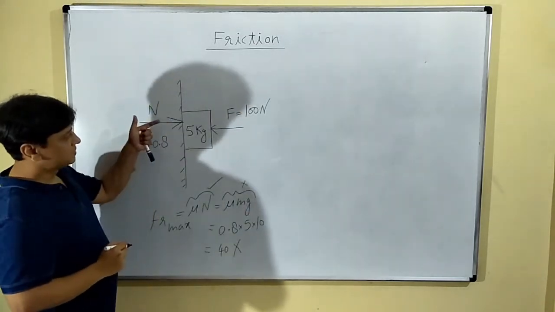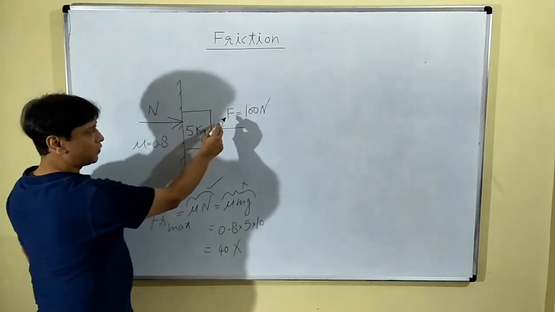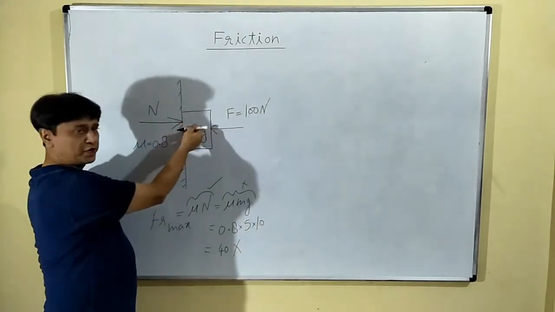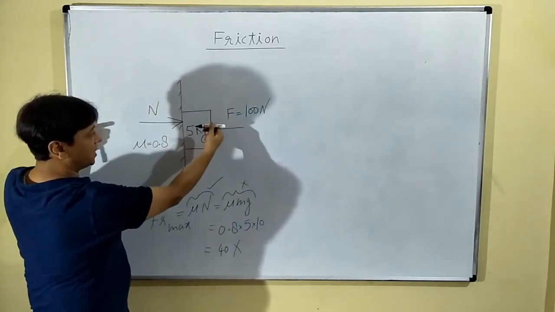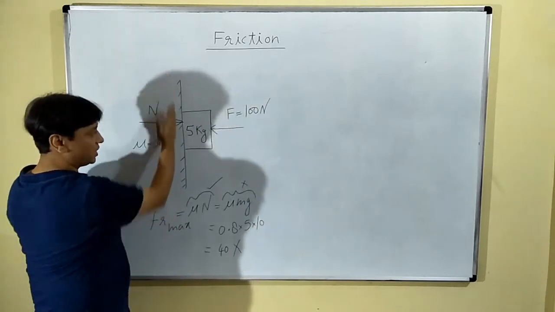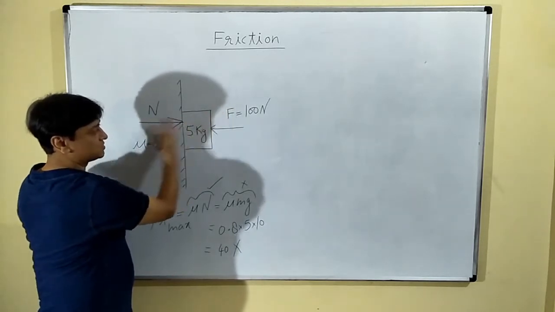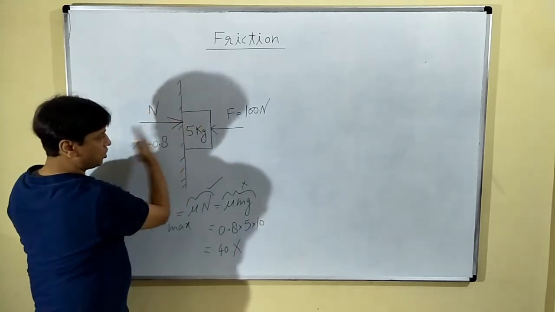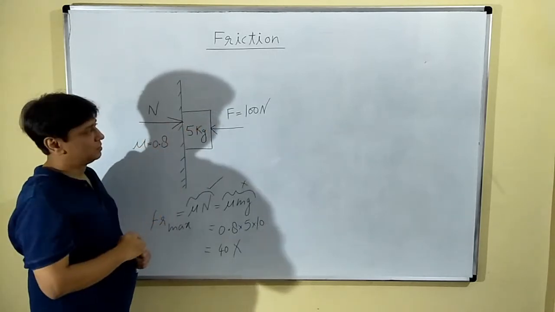So this N is acting on the 5 kg in this direction, and this force of 100 newtons is pushing it against the vertical wall. One force is coming from this side, one force is coming from this side. And you can see that since it's a vertical wall, this 5 kg cannot move in the horizontal direction.